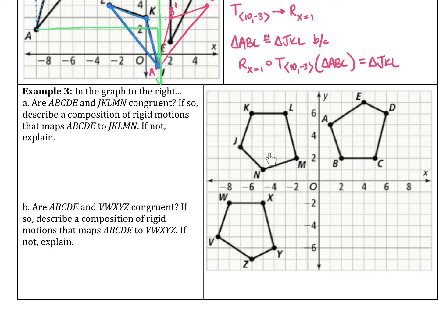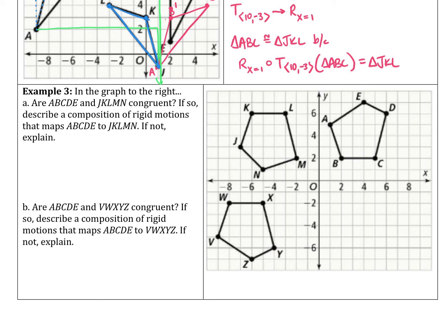So I look at this and I say, okay, if I move B to J, and then look at the distance between B and C and J and K, just like I mentioned in the example above, I noticed that B to C is only 3 units, but J to K is going to be slightly longer than 3 units. It would be the square root of 3 squared plus 1 squared, which would be the square root of 9 plus 1 is 10.